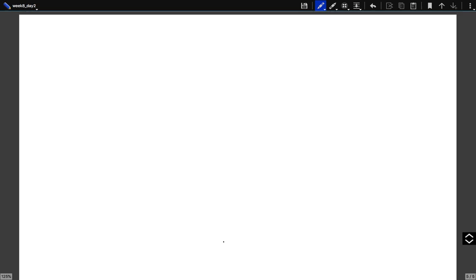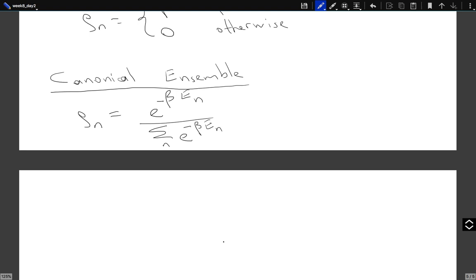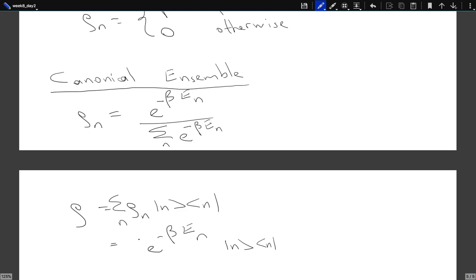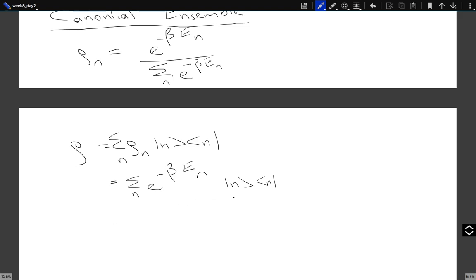Well, let's see. How else can I write this in the canonical ensemble? You see, rho in this basis is rho n n, which is equal to the sum over n of e to the power minus beta E_n |n><n|, divided by Q, let's say.